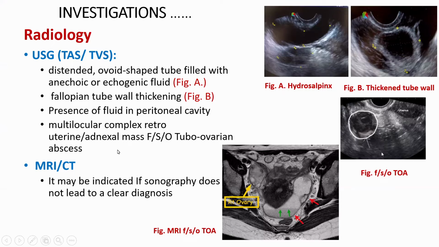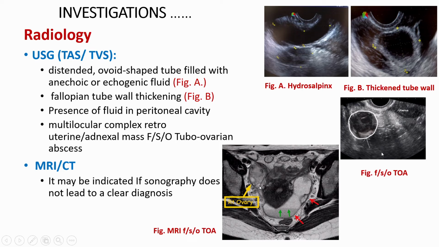Rarely it requires MRI and CT scan. We usually do not do them, because most cases are diagnosed with ultrasound, the clinical picture, or laparoscopy. But if sonography does not lead to a clear diagnosis, then we can offer MRI or CT. In that case you can see a lot of pus collection within the tubes, and there is the ovary; you can see the infected ovary as well.